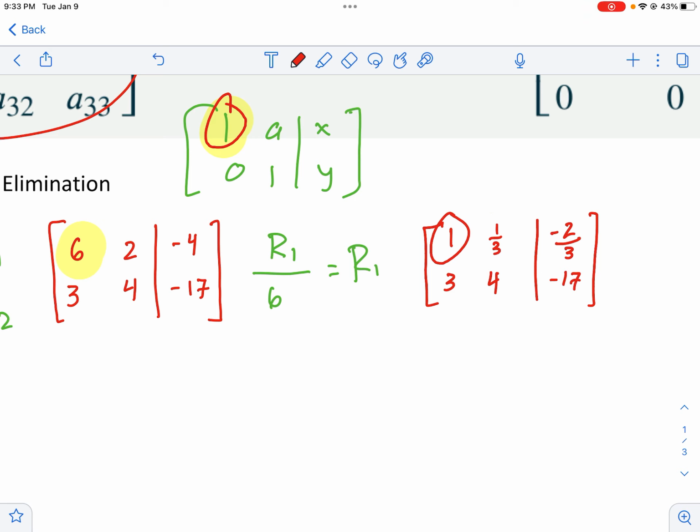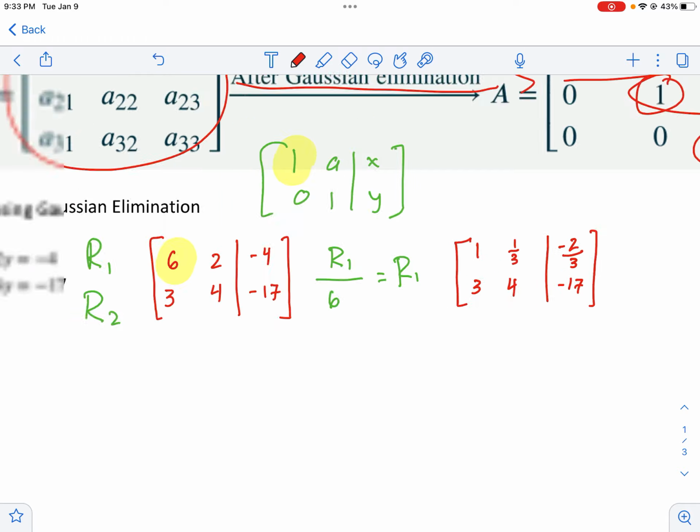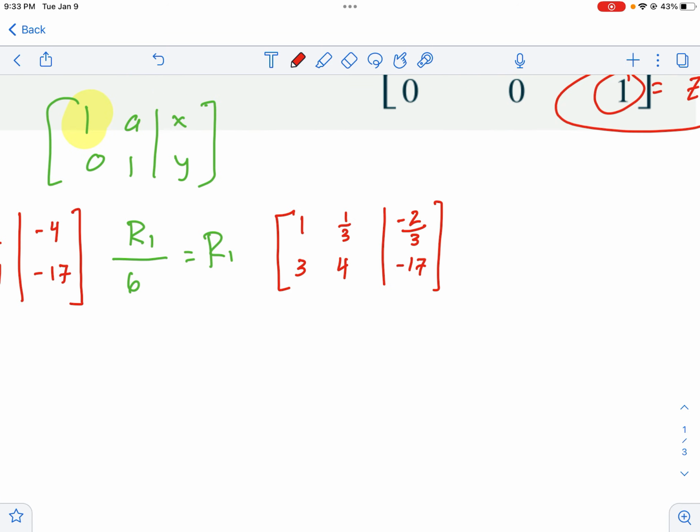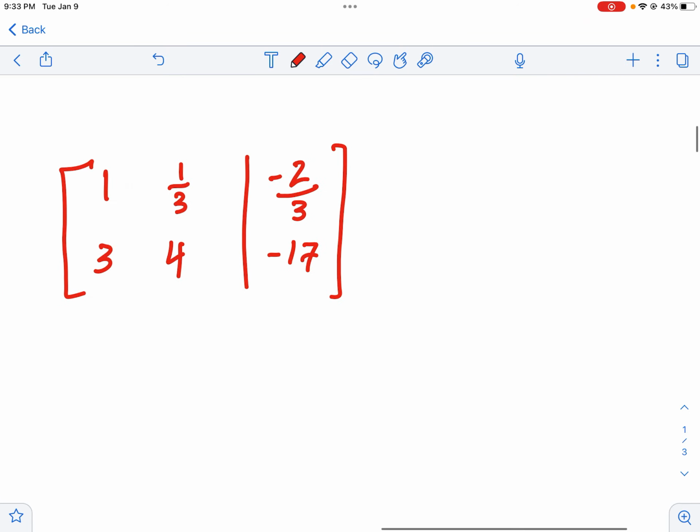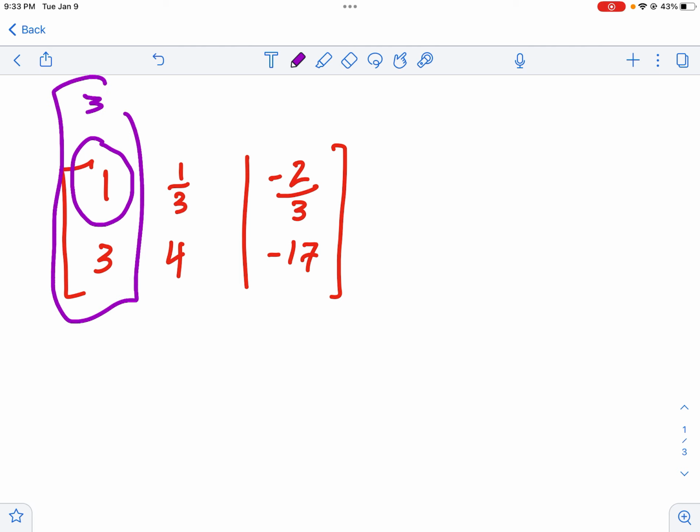If I can turn this 3 into a 0, then I'm like 90% done. So how do I turn that 3 into a 0? If I could find a way to make this number 3 and I subtract here, then I can knock that out.